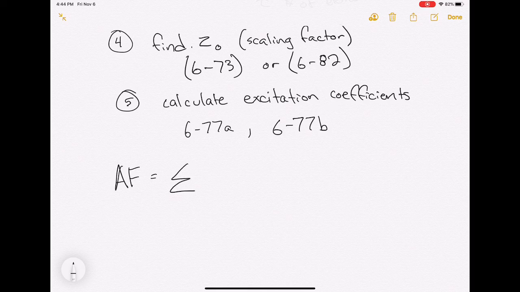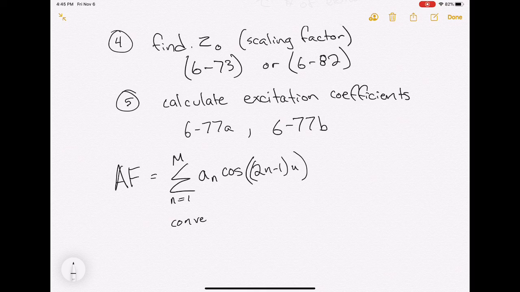But fundamentally, what that equates to doing is writing down your array factor in terms of cosine. So remember, we had that being the sum from n equals 1 to m of a sub n cosine of (2n minus 1) times u. That's cosine theta. So you write that in terms of powers of this cosine instead.